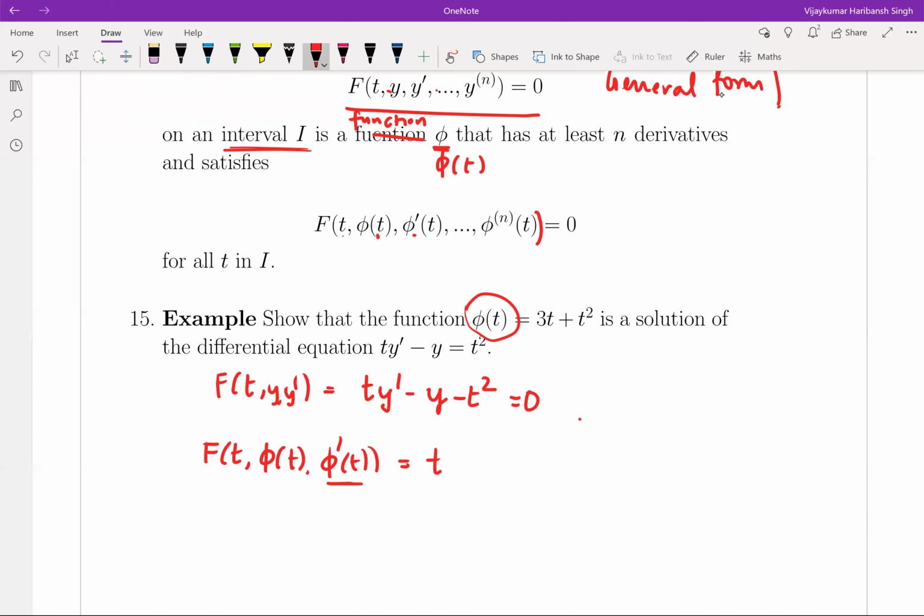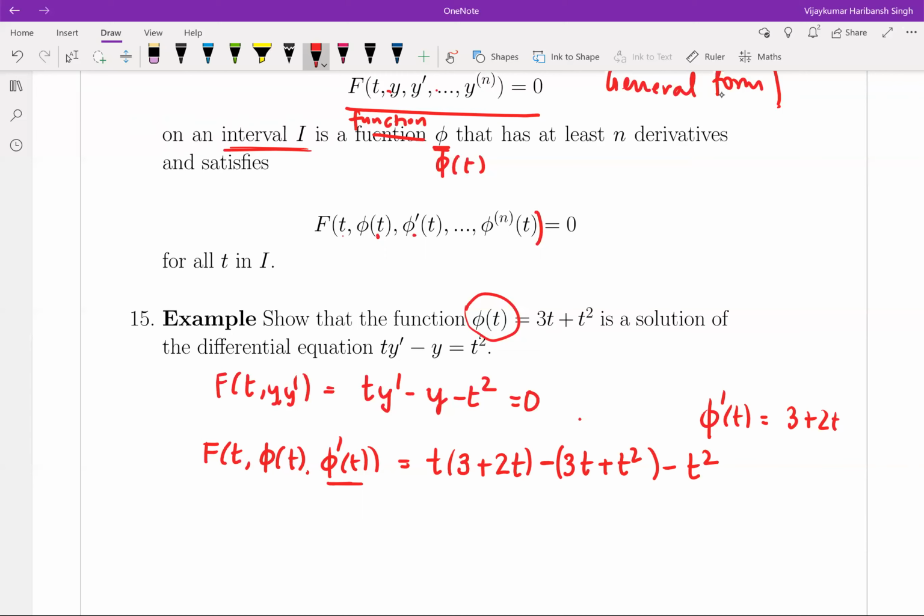What is phi prime of t? Phi prime of t is 3 plus 2t. So we get t times y prime, which is 3 plus 2t, minus y, which is phi of t, 3t plus t squared, minus t squared.